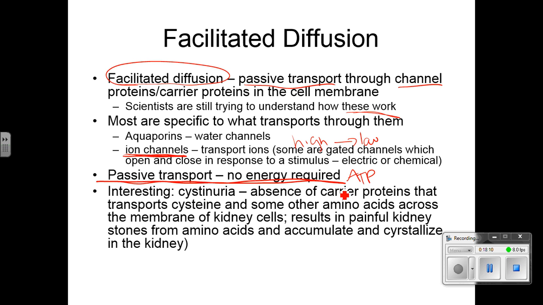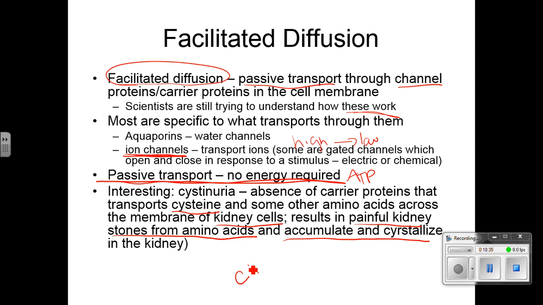Cystinuria is the absence of a protein carrier that transports cystine and some other amino acids across the membrane of kidney cells. The result is painful kidney stones from the amino acids that accumulate and crystallize in the kidney. That's kind of interesting.